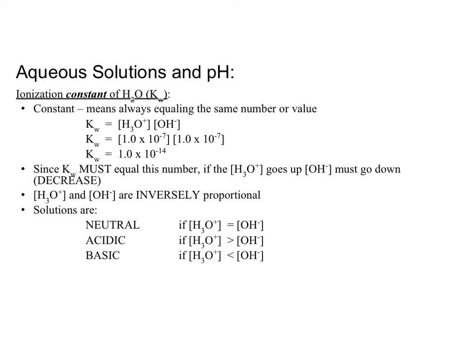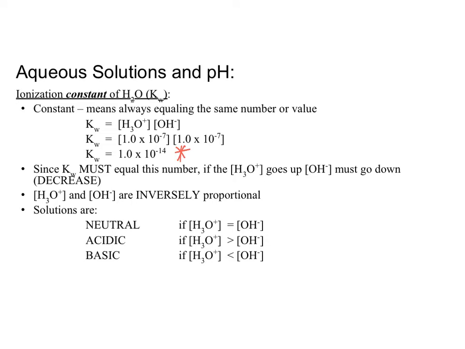So if I have 1 times 10 to the minus 7 times 1 times 10 to the minus 7, that gives me a Kw value of 1 times 10 to the minus 14, which you should probably memorize. So the Kw value allows me to now go ahead and calculate an H3O plus concentration if I know an OH minus. It allows me to go and calculate the OH minus concentration if I know an H3O plus.